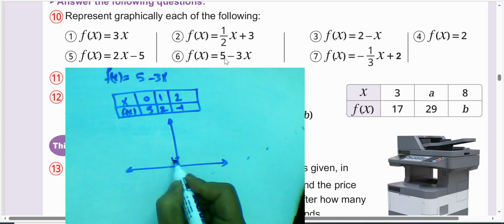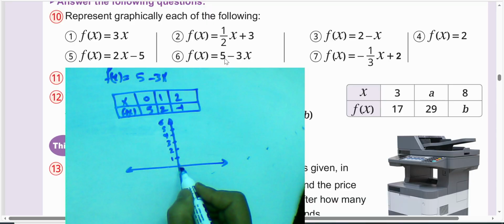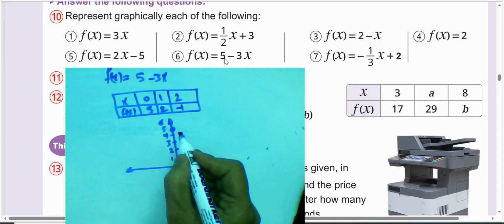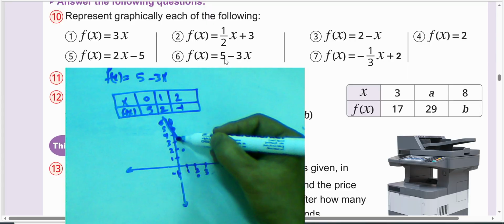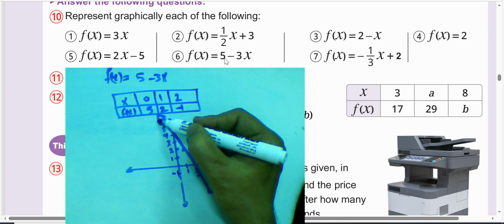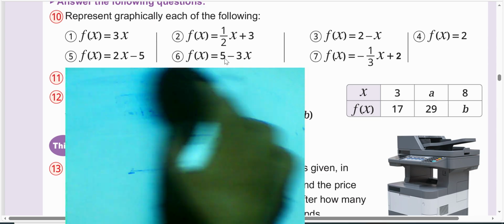First 0 and 5, 1, 2, 3, 4, 5 and 6. 0 is 5, 1, 2, 3, 1 with 2 and 2 with negative 1. Straight line passing through 3 points.